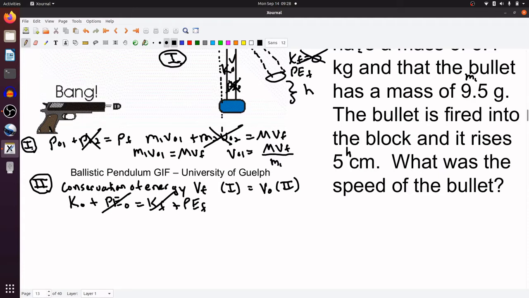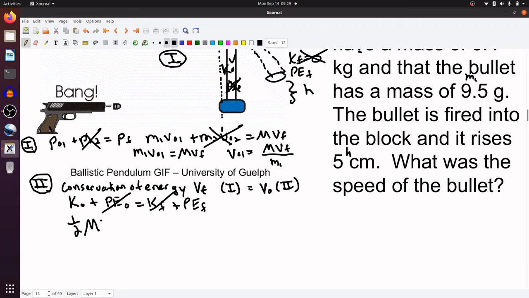And if I expand that out, this K naught is going to become 1/2 of m V naught squared. And I need to make sure that I do one thing here. I need to use capital M because we're dealing with the mass of the bullet and the block, and we can't forget that.